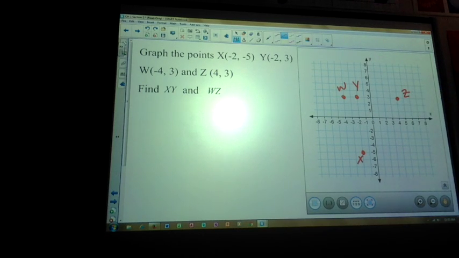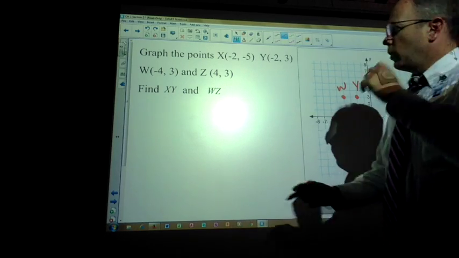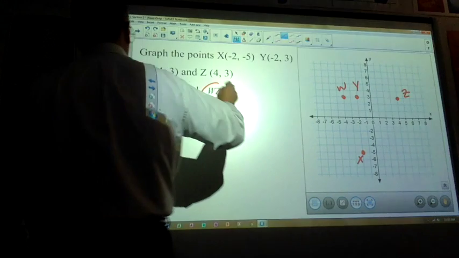Do everything right? -2, -5 is X. -2, 3 is Y. -4, 3 is W. And 4, 3 is Z. Find XY. And so we're looking for the length of each of those.